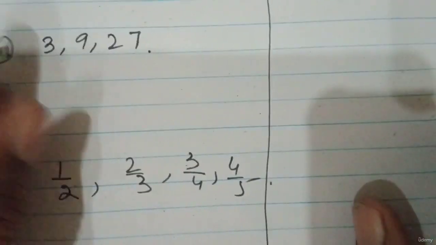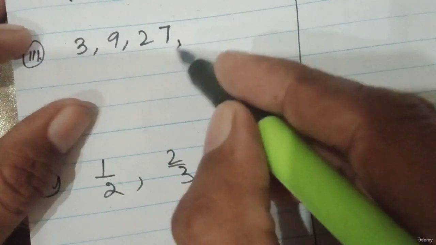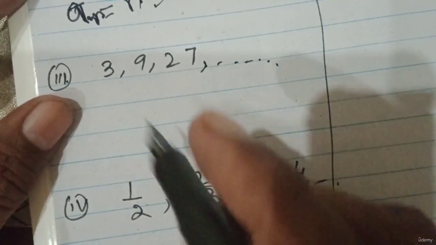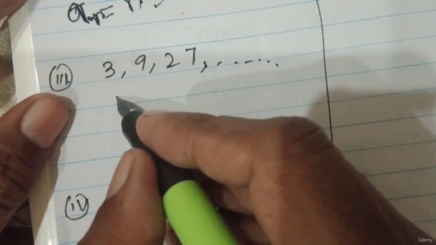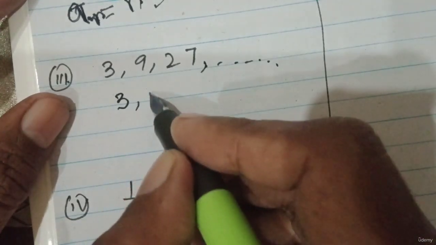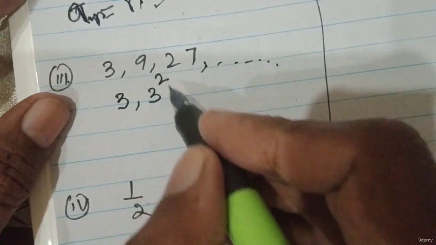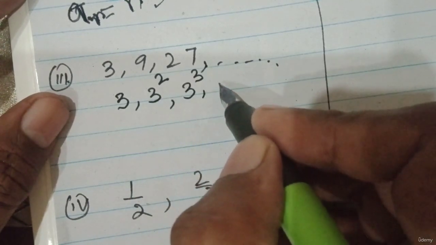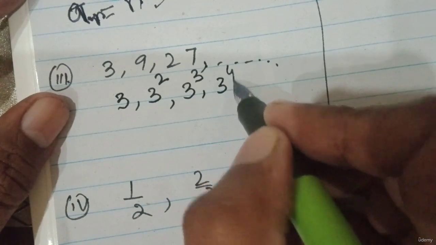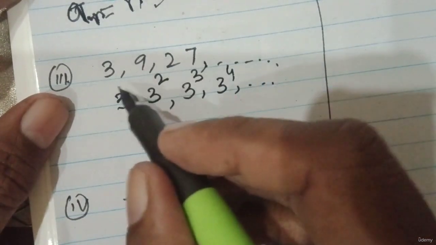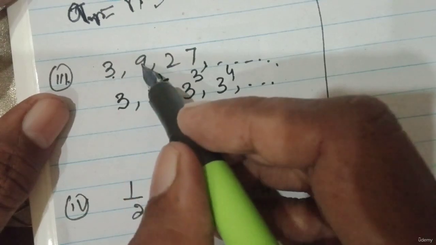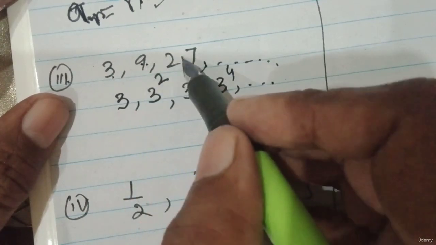Now the next question: see 3, 9, 27 and so on. It is also an infinite sequence. Now we want to find out the pattern. I observe that this is 3, this is 3 square, and this is 3 cube. It means I have made the correct pattern. The next term will be 3 to the power 4, because you can see multiplication by 3 is going on: 3 multiplied by 3 is 9, and 9 multiplied by 3 is 27.